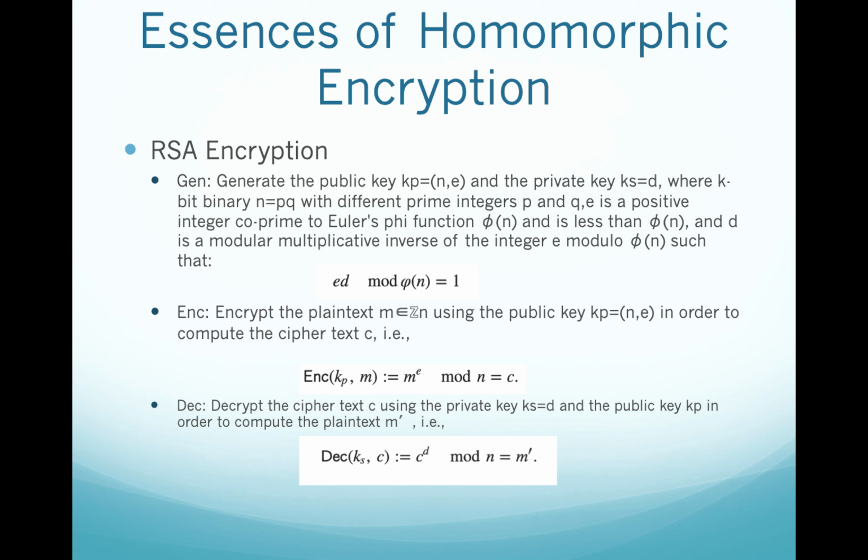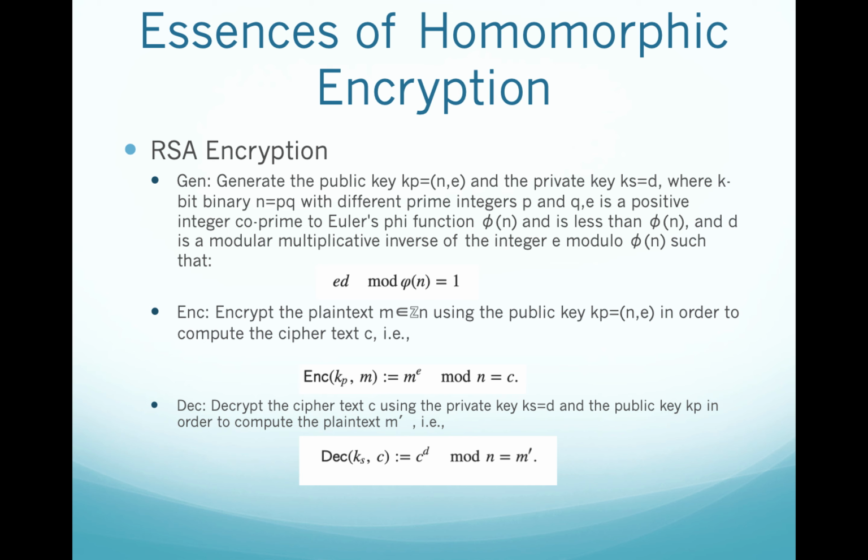Okay, so now we can move into our first encryption scheme, which is RSA encryption, which is defined as epsilon R equals the key generation, your encryption, and your decryption. And so your key generation consists of: we generate the public key KP, which is equal to N, e.